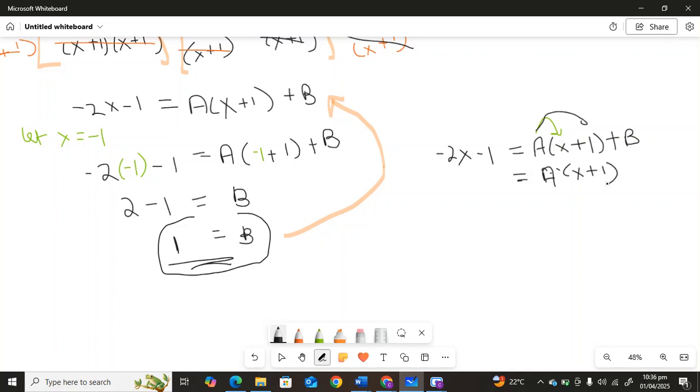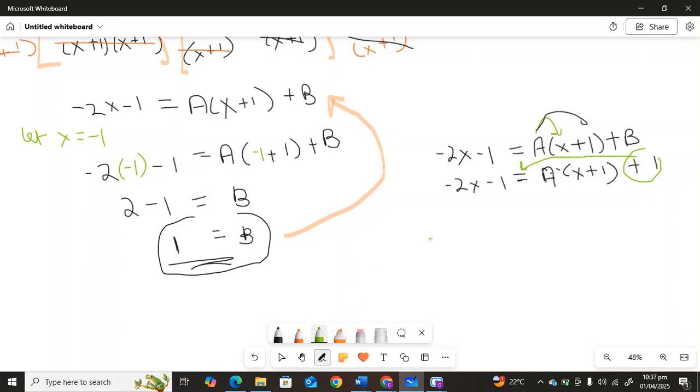So let's just keep it like this first. B equals to 1. So what we can do, because we want to isolate A by itself, this positive 1 here, take it over the equal sign here.